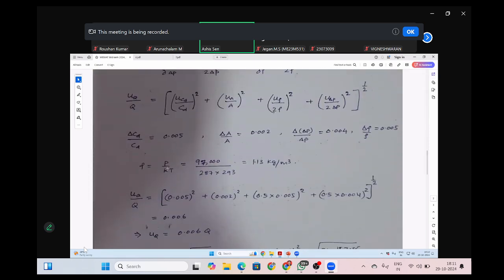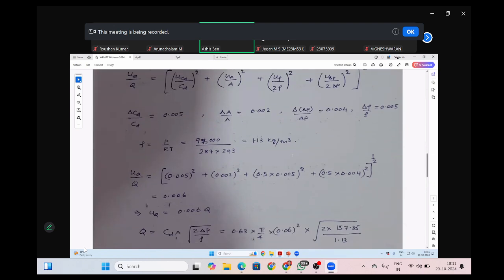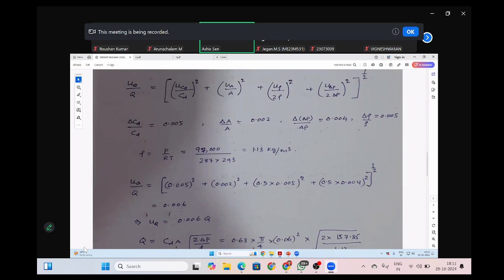Your density is P over R T. So pressure is 97.97 bar, divided by R which is 287, T is 293 Kelvin. So this comes out to be 1.13 kg per meter cube. Now you have all the quantities.